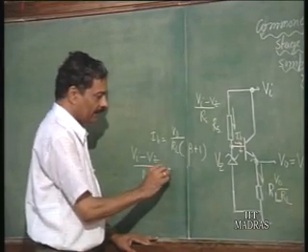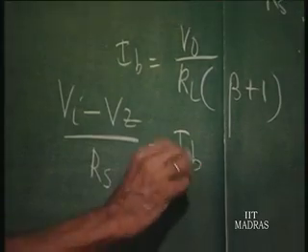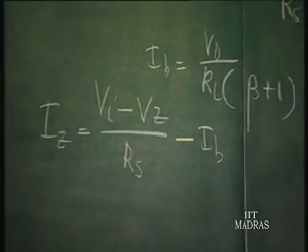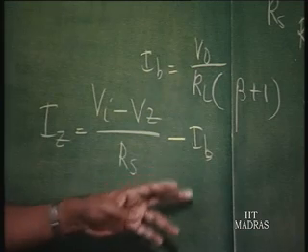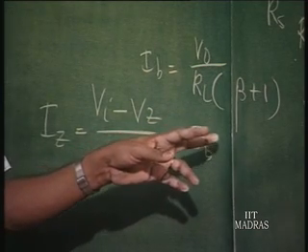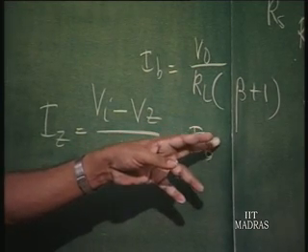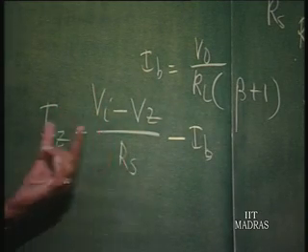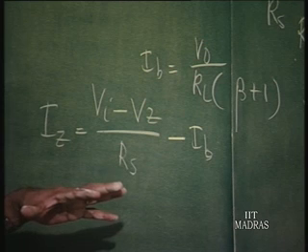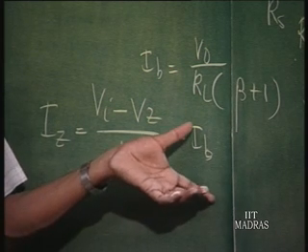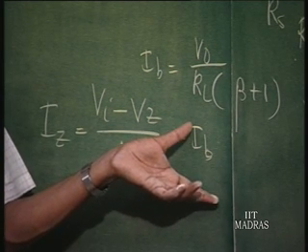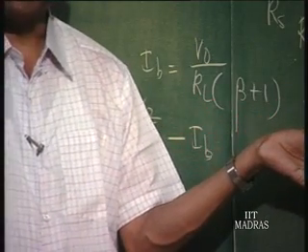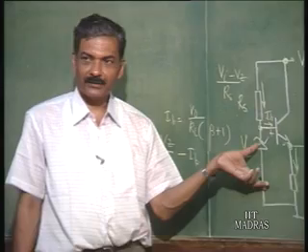Out of this, the base current is removed. So, this is really the Zener current. So, since the base current is going to be a fraction of the output current V naught by R L, this is not going to change much. The Zener current is going to remain constant, even if the load current changes, because it is a fraction of it. So, this voltage is going to remain fairly constant.